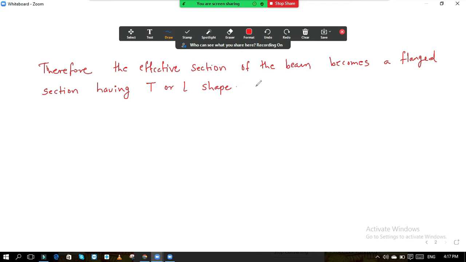So the portion of the slab section is called the flange.